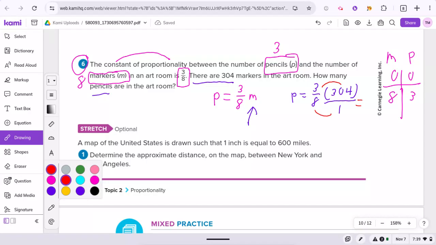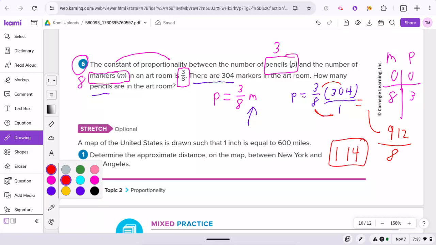So if I did 3 times 304, you'd get 912. And of course, 8 times 1 is 8. Then if I did 912 divided by 8, I'd get an answer of 114.